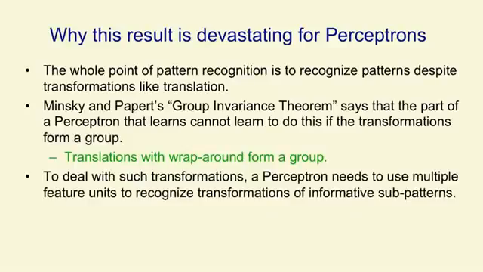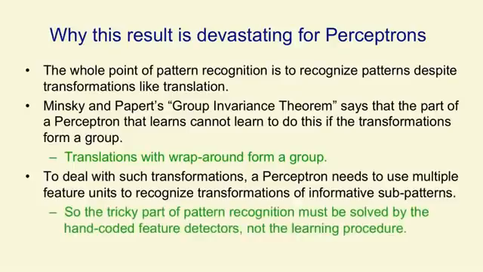So we have to have multiple feature units that recognize informative subpatterns that tell you something about what class it is, and we have to have separate feature units for each position of those informative subpatterns, if we're trying to recognize under translation. So the tricky part of pattern recognition has to be solved by the hand-coded feature detectors, not the learning procedure.